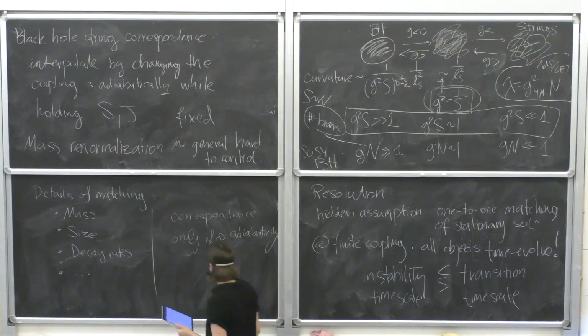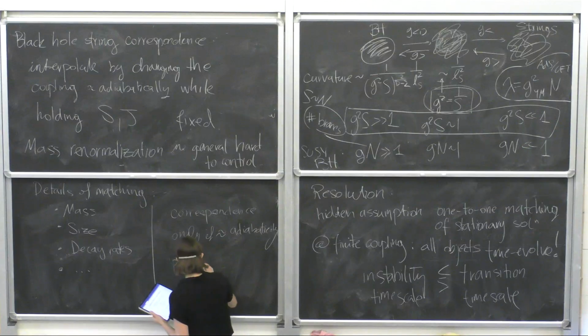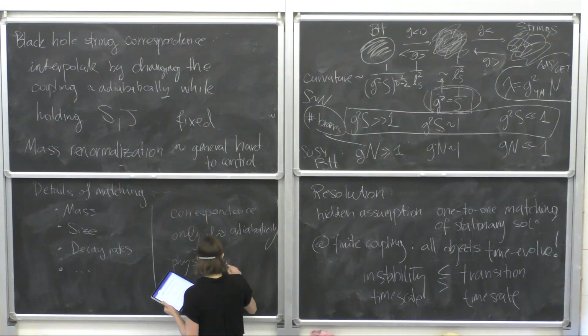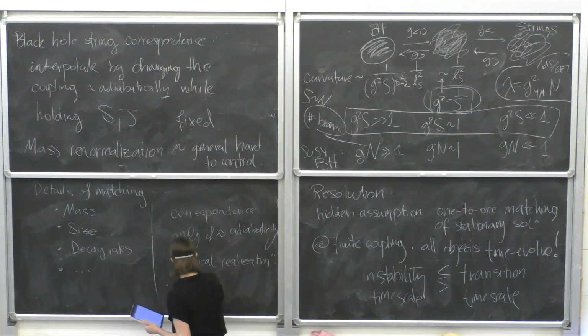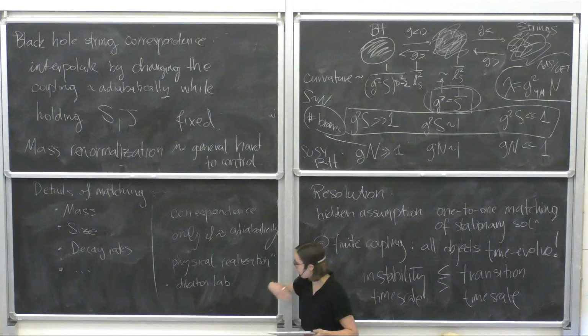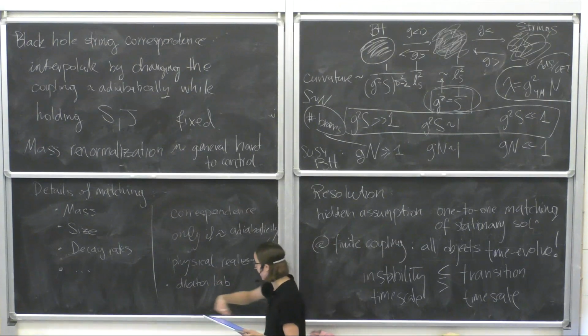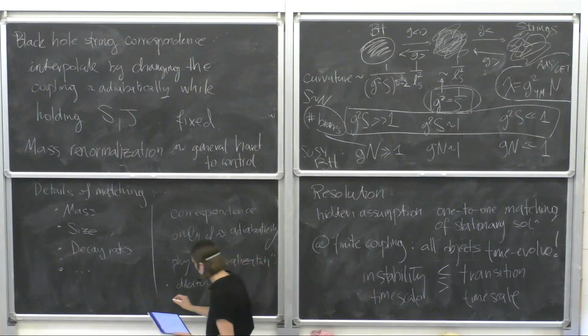In order to realize this correspondence, I mentioned already two things that we can imagine doing, a physical realization. The one was we are working in our dilaton lab where we can send a dilaton wave and we can dial the strength of that dilaton wave.